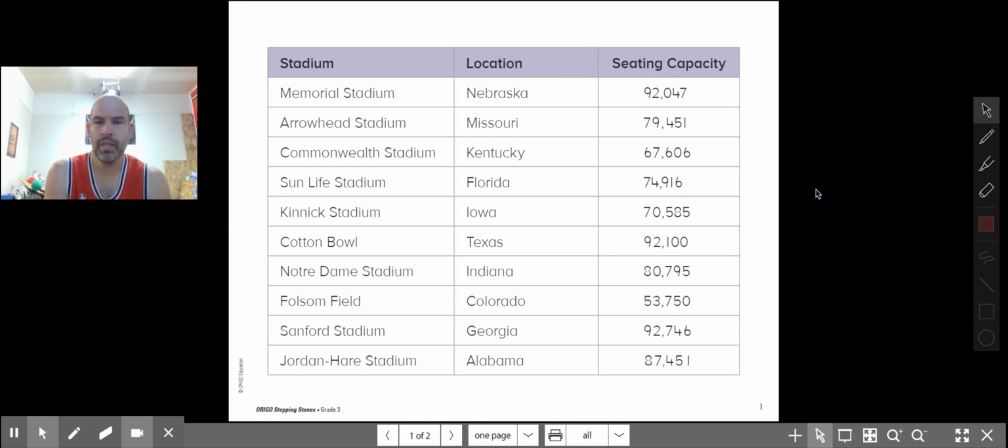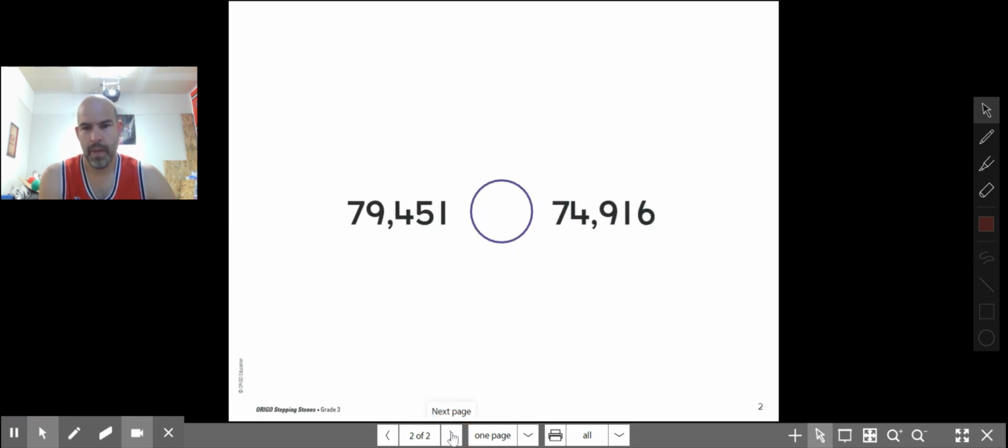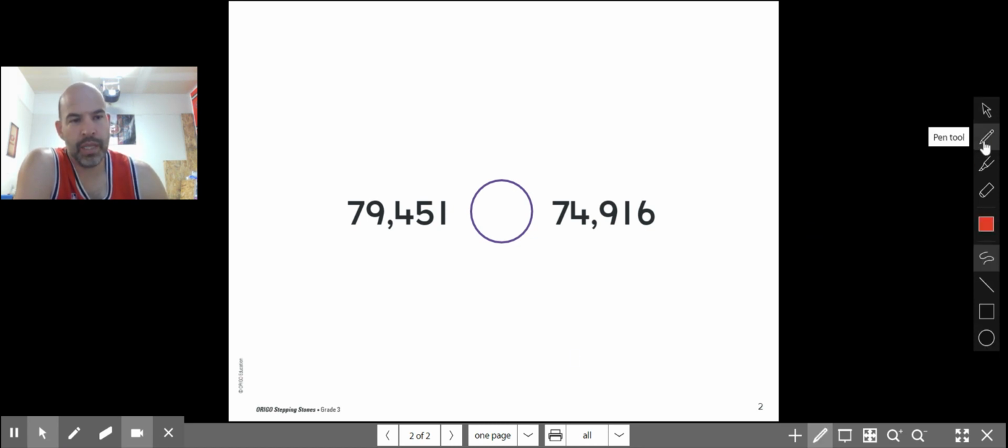In the center column, there's a list of locations. And then on the right-hand column, there's a seating capacity for each of these stadiums. Now, we're going to compare two different 5-digit numbers. I want to remind you of something that we learned before when we were comparing numbers.